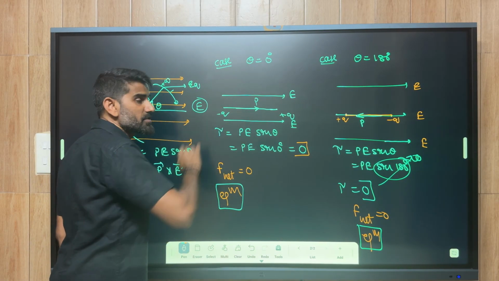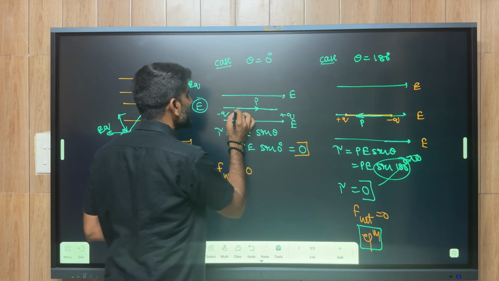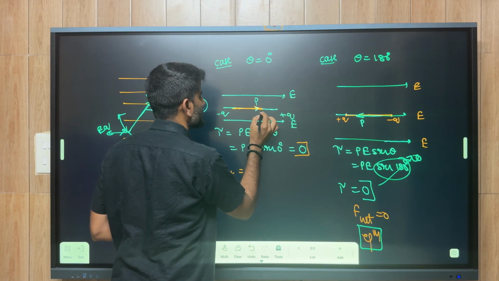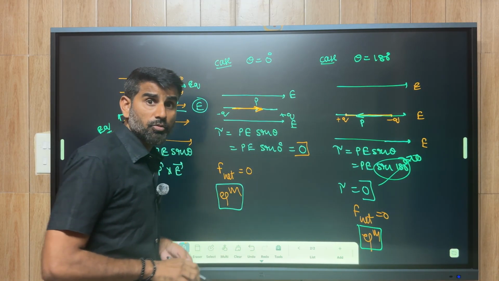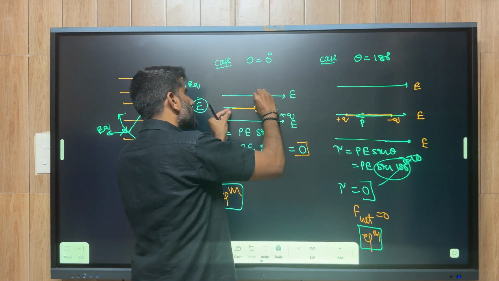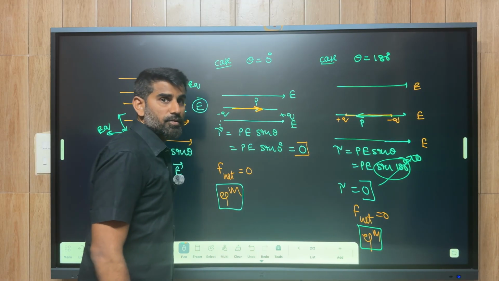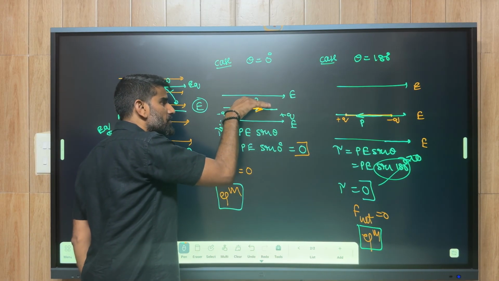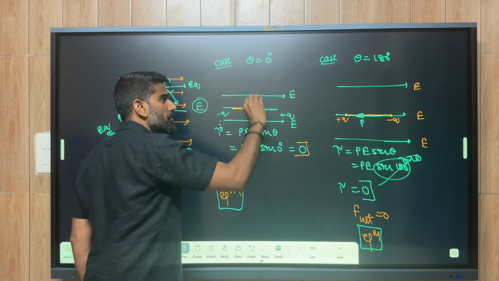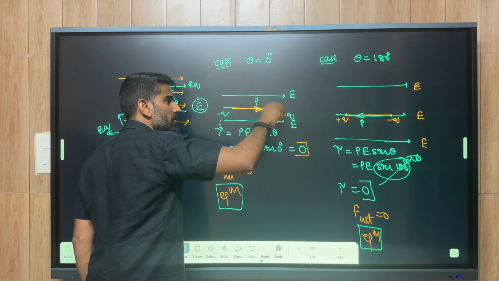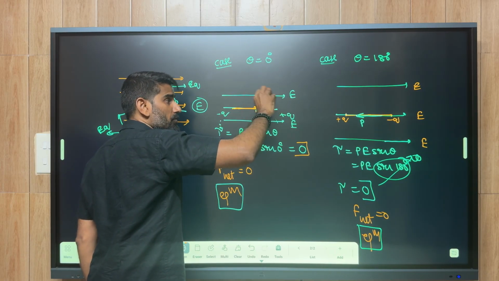For example, this is the stable equilibrium position, aligned in this direction. Now what I am going to do is turn this dipole a little bit, slightly displaced. Then what happens? It tries to come to its equilibrium position again, because the force creates a certain amount of torque.